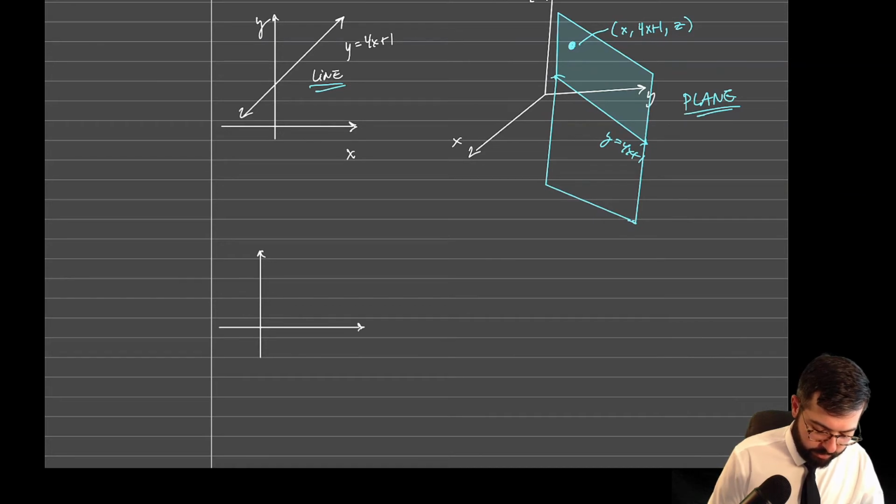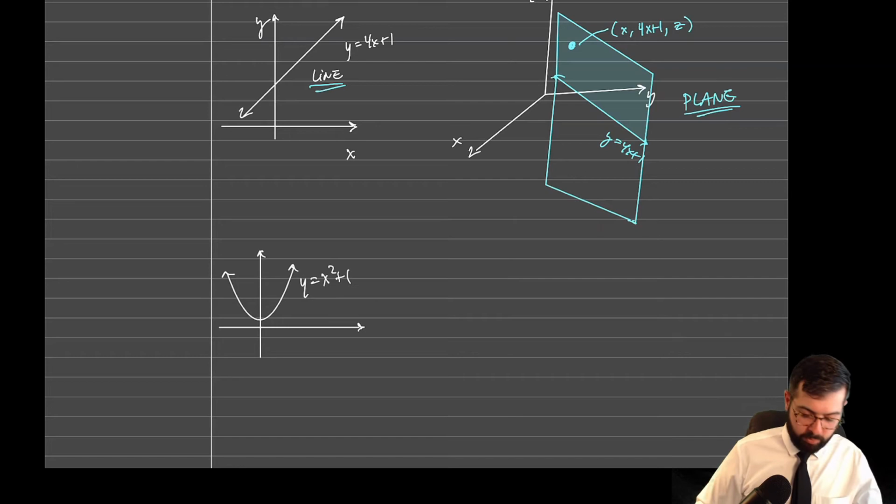Other things that we know and love: the parabola, y equals x squared plus 1. What does this look like in R3?